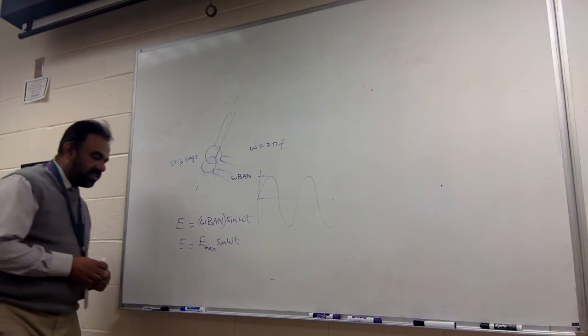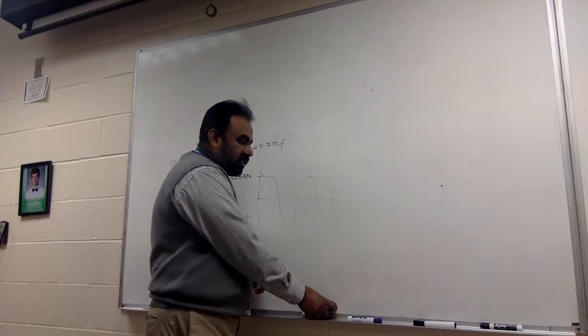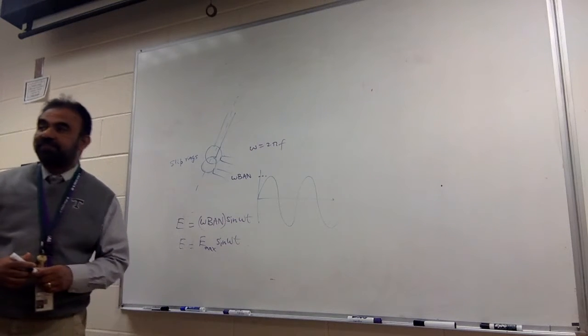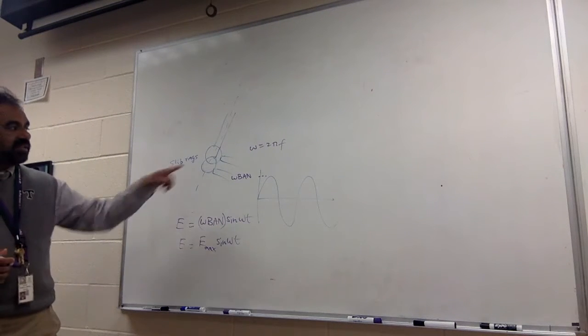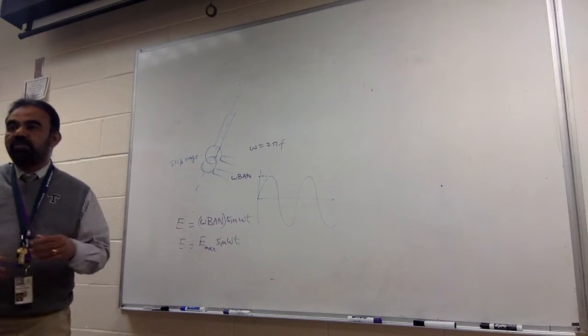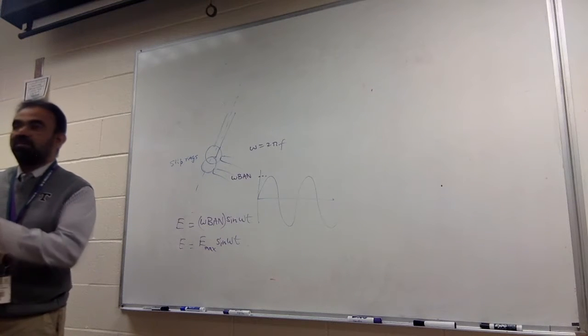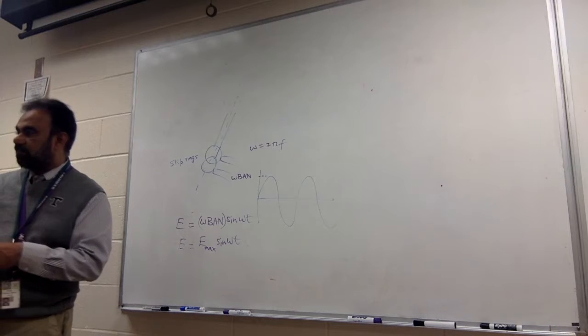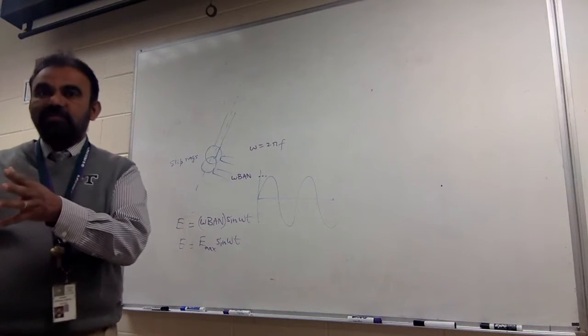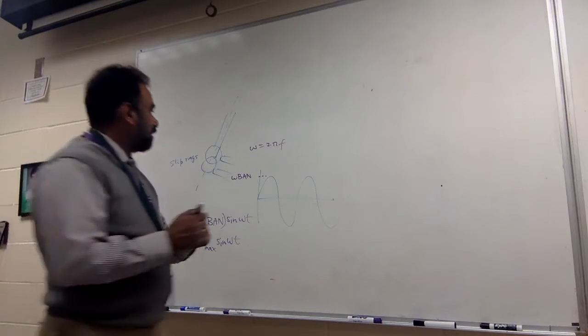Now if you use a DC generator, how is it going to be structurally different? In a DC generator, instead of slip rings, they use split rings, which is the commutator that you saw already, right? Do you see the commutator for the motor? The motor had commutators.